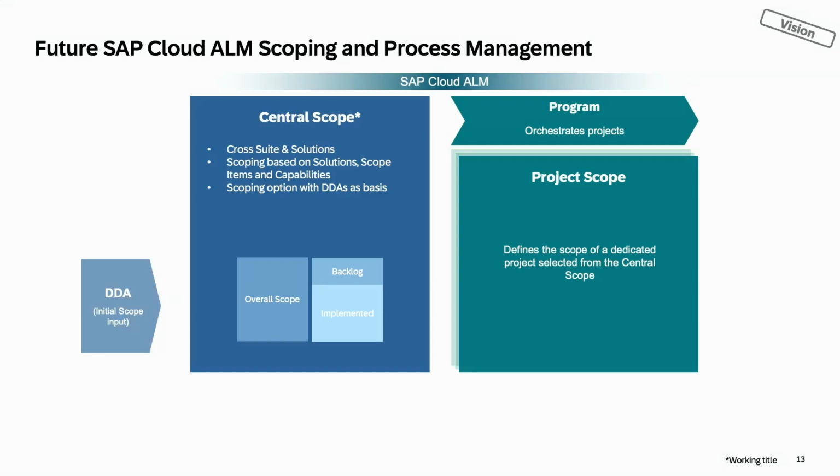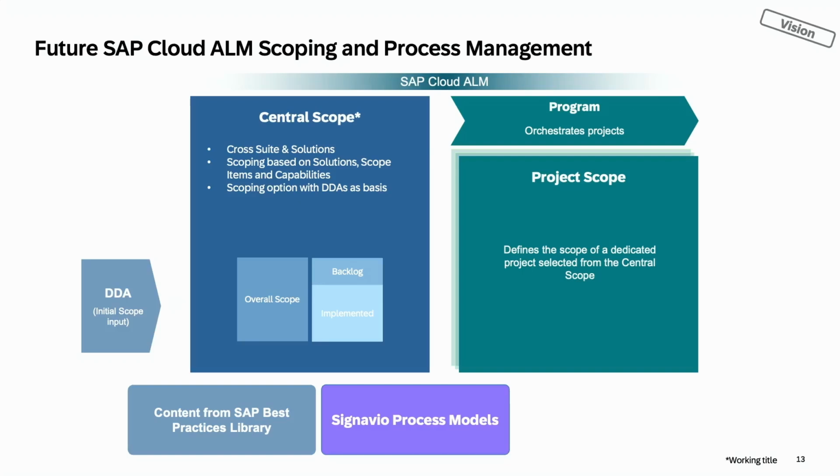So having DDA entering centrally, having best practice libraries centrally on hand, having Signavio entering centrally, so having one approach for receiving data, one approach for centrally storing, visualizing, lifecycle managing, if you can say it like that, data, and from there on scoping into projects, editing, and so on in projects, and feeding back to the central scope.